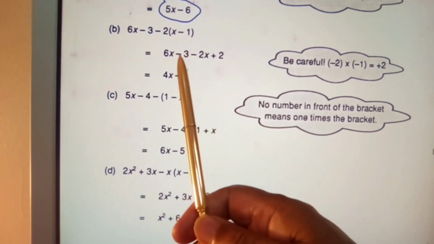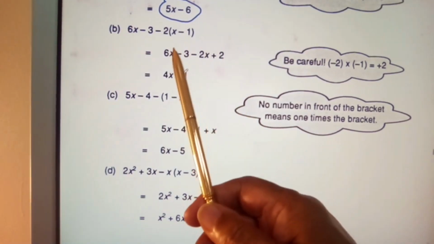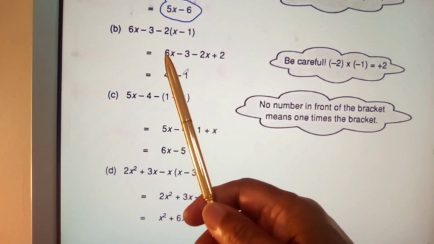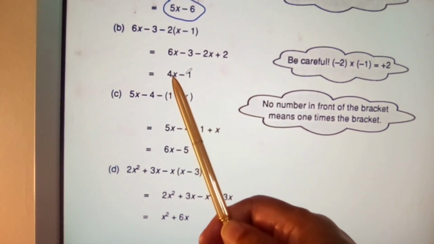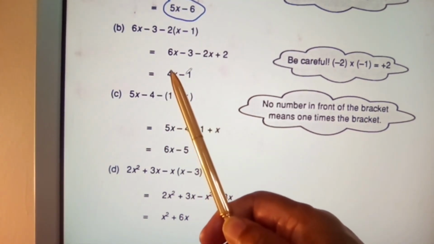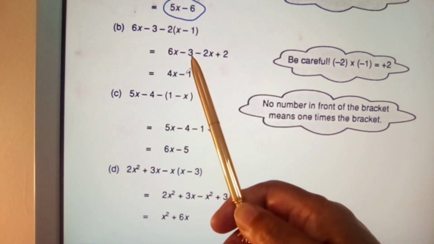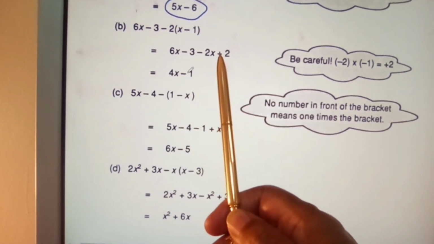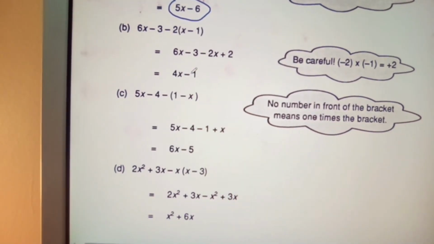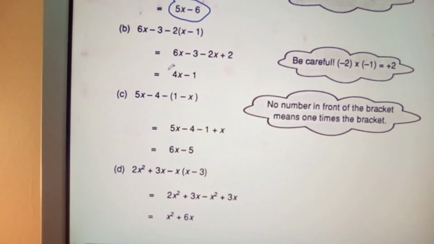So 6x minus 2x will leave me 4x. Minus 3 plus 2, because a plus and a minus makes a minus, that's going to leave me a minus 1. And that answer here would be correct.